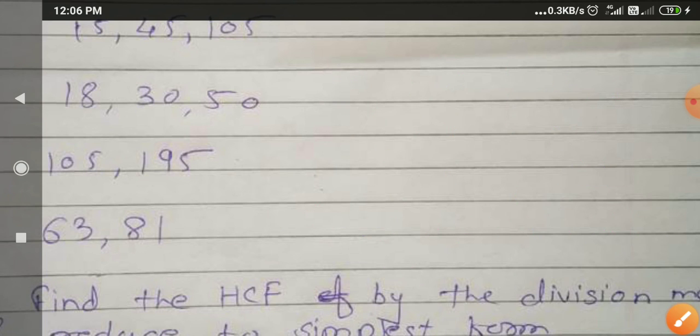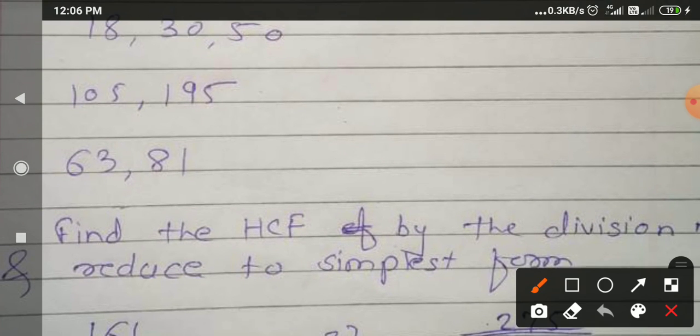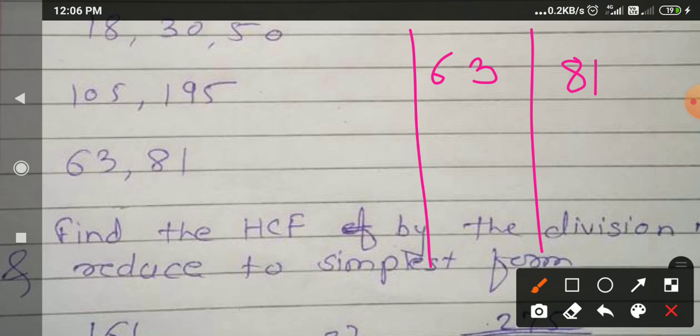Now the next question is to find the HCF and LCM of 63 and 81. Here I will write 63 and here 81. You know that both numbers are divisible by 3, because the sum of digits is 9 in each, which means they are divisible by 9 also.